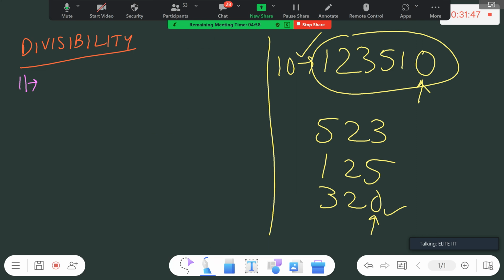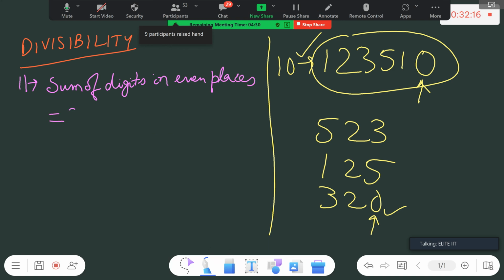So what is the case for 11? If the sum of digits in even places should be equal to sum of digits in odd places.